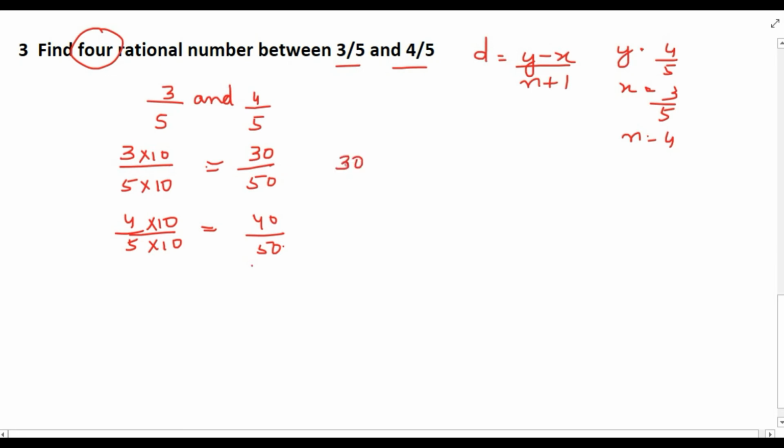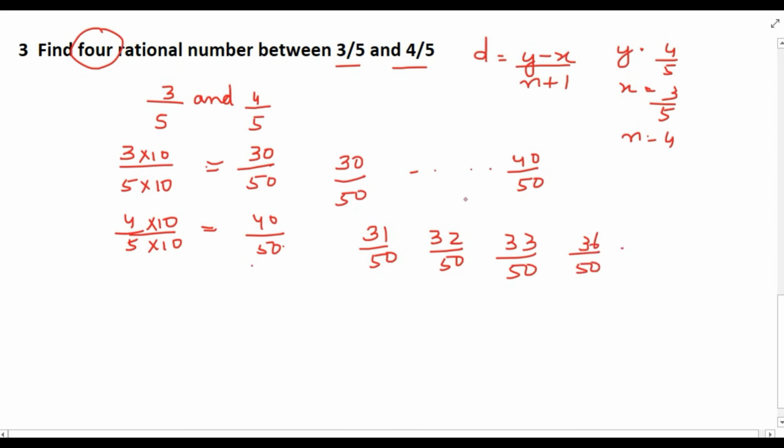Now can you say some of the rational numbers between 30 by 50 and 40 by 50? So I can easily write 31 by 50, 32 by 50, 33 by 50, up to 36 by 50. So these are the rational numbers between 30 by 50 and 40 by 50. You can even use the formula, you will get the answer.